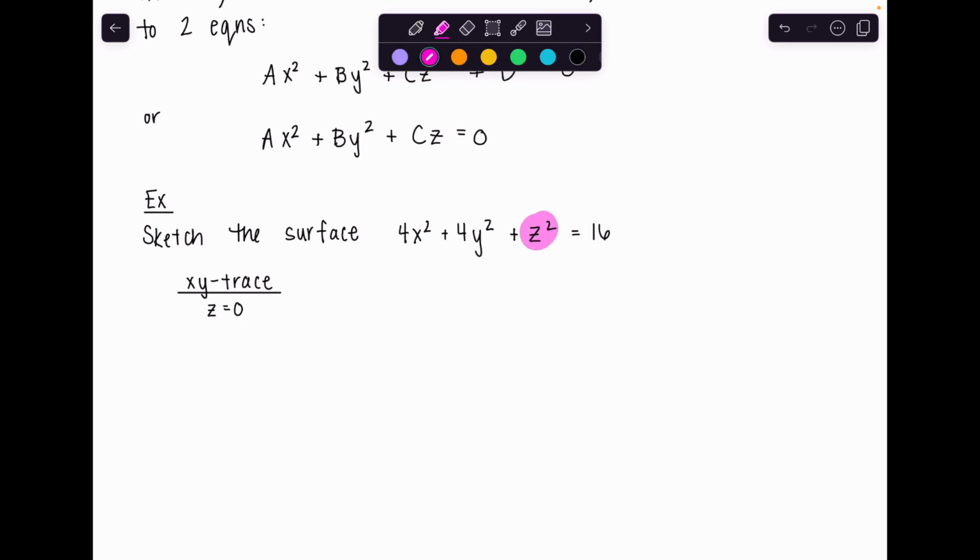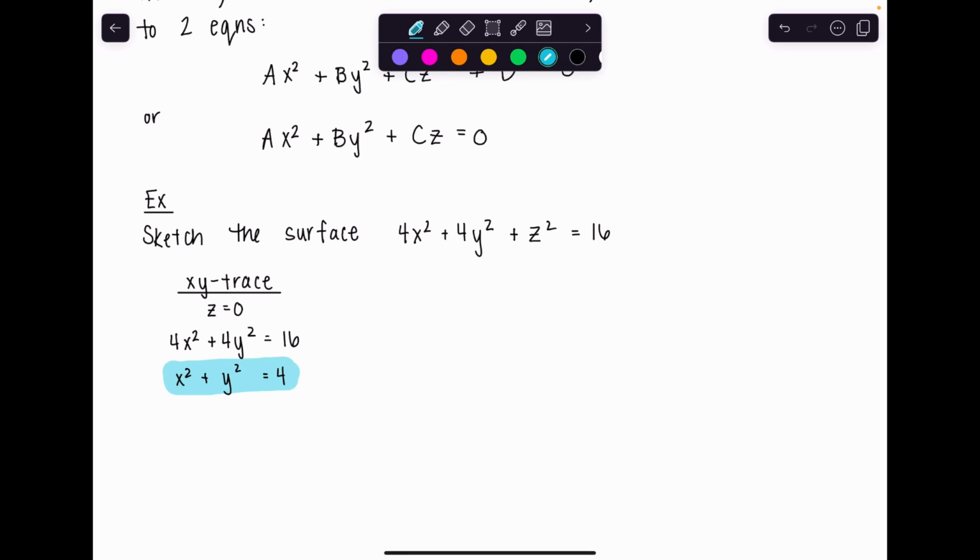So all I'm going to do is set this component equal to 0. And what's left over is the equation 4x squared plus 4y squared equals 16. And dividing by 4 to make this nicer, this is x squared plus y squared equals 4. So this is our first trace of what's going on in the xy plane.